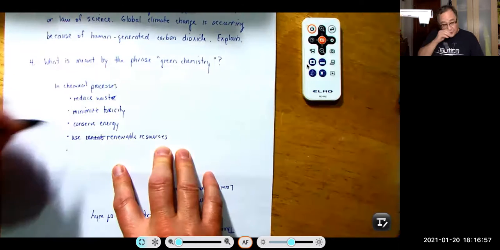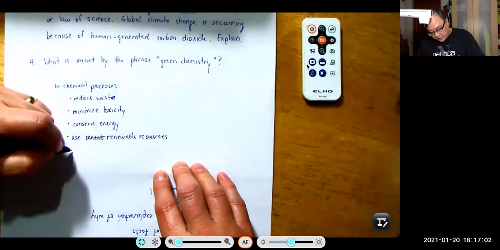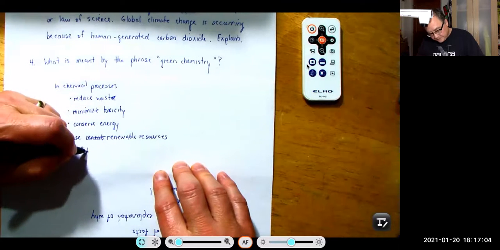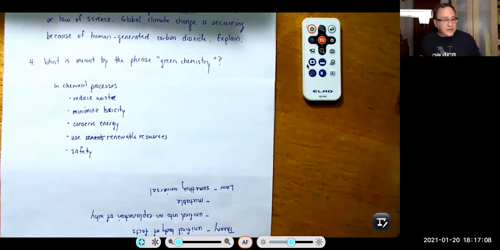And I believe the last one is have safe processes. So I'm just going to put safety. And that kind of summarizes green chemistry.